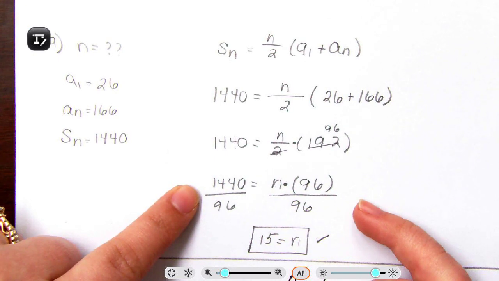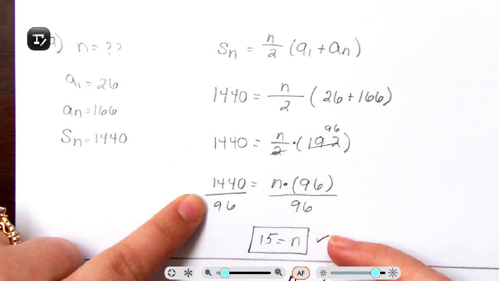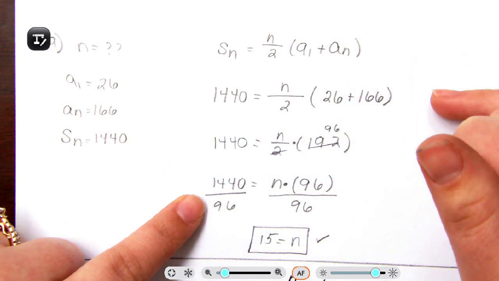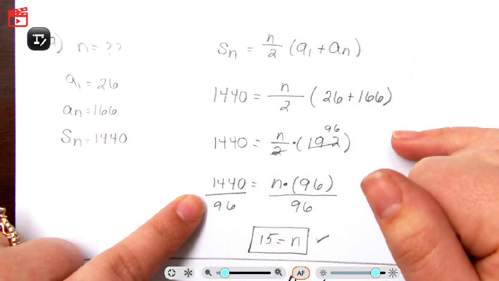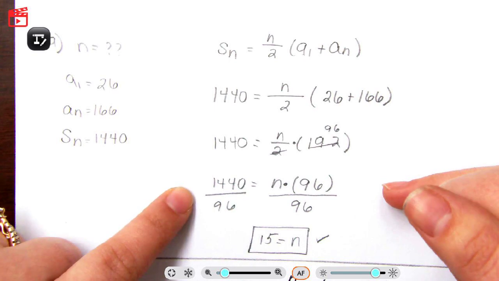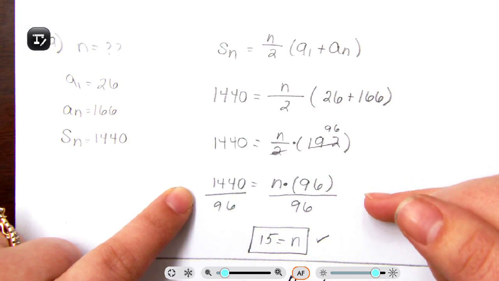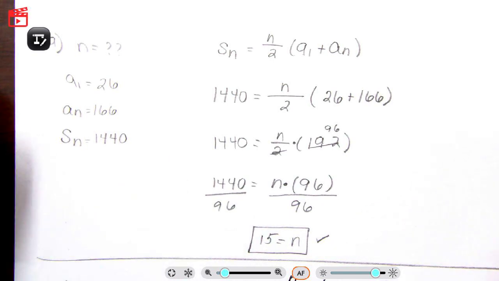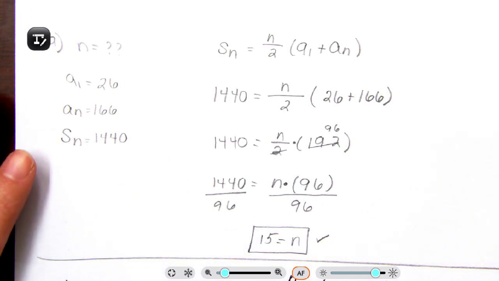Divide both sides by 96 to get your variable by itself, your n. Therefore, n is 15. Okay. Once again, plug in your values, simplify, keep simplifying, get your variable by itself by dividing, and therefore you have your n. This is very similar to number 20.